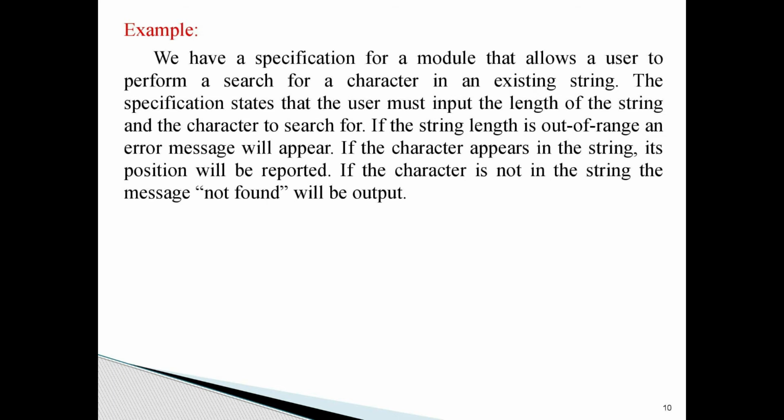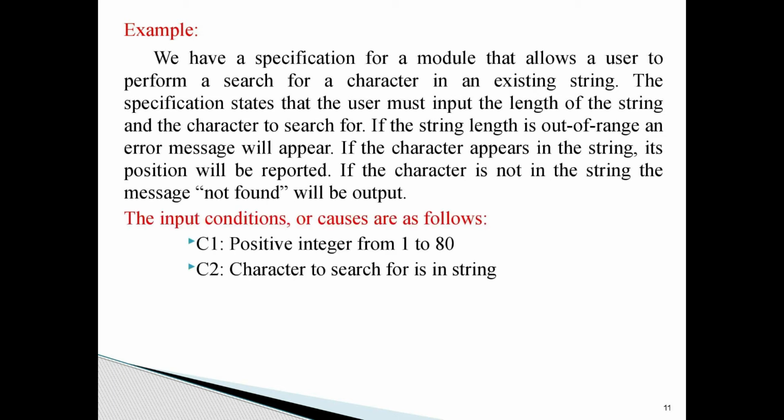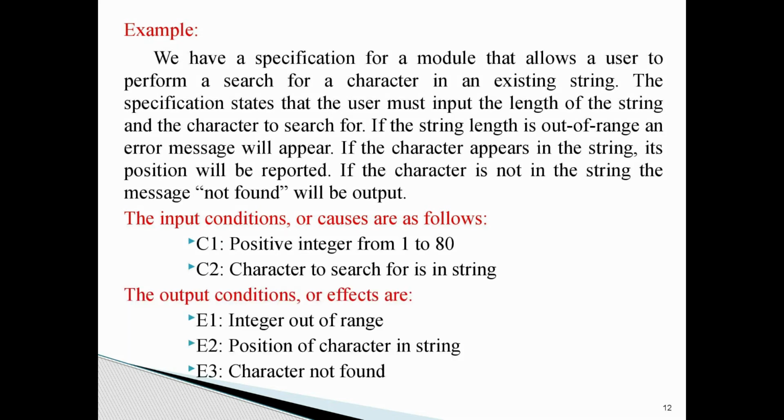Here we have combined the input conditions as causes as follows. C1 is the first cause: we should enter a positive integer from 1 to 80. The second cause, C2, is the character we want to search for in the string. Then what are the effects? The output conditions or effects are: E1 is integer out of range.